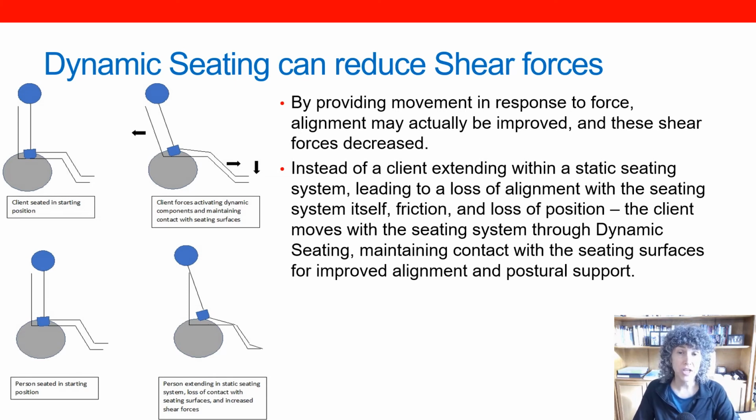But dynamic seating can move with the client in response to these forces, maintaining much better alignment with the support surfaces and actually reducing shear. So for people who have a lot of extension, who have a lot of strong movement patterns, we can actually see a reduction in shear forces over what's already occurring in that static system.